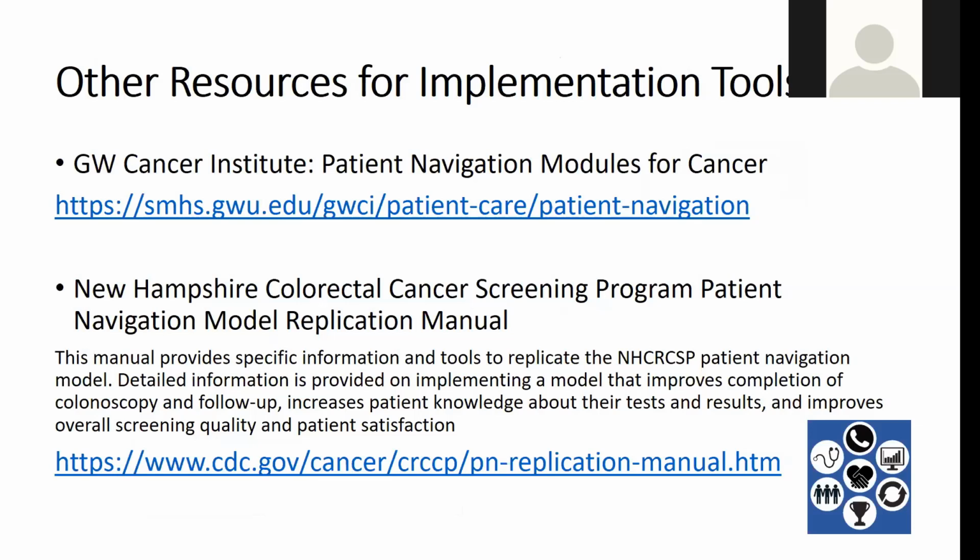Both the work that CCSP and the PNTC do, as well as what Dr. Butterly's implementation guides show, focus on making sure that patients are adequately navigated, and we know that better show rates, better prepared patients, and patient satisfaction are among the best things to support in terms of quality measures. So I just want to note that this is something we should consider as well.